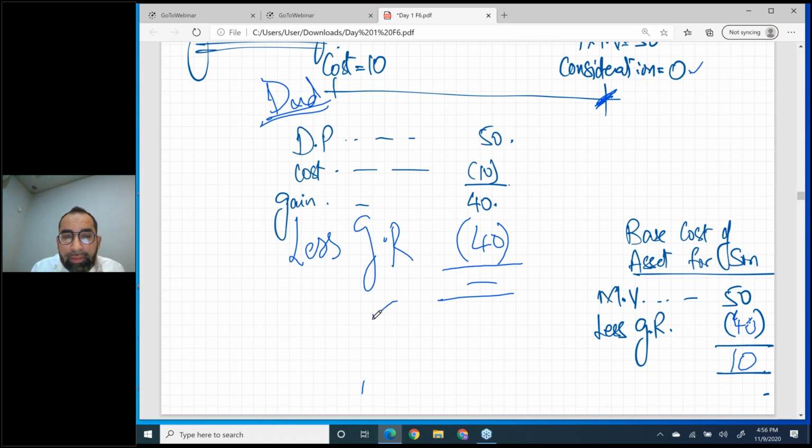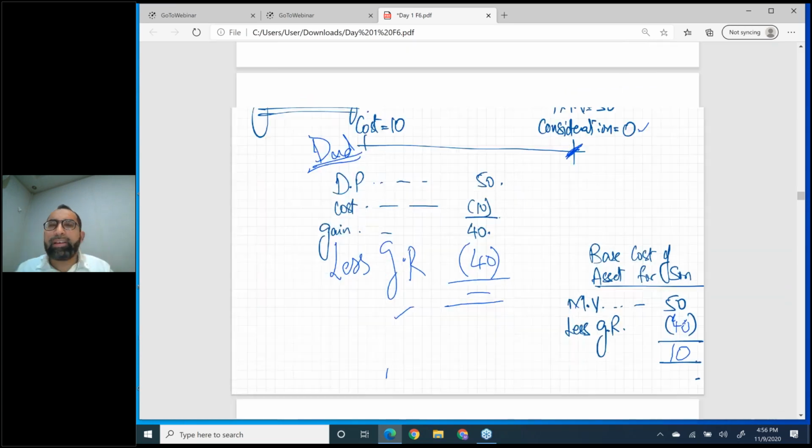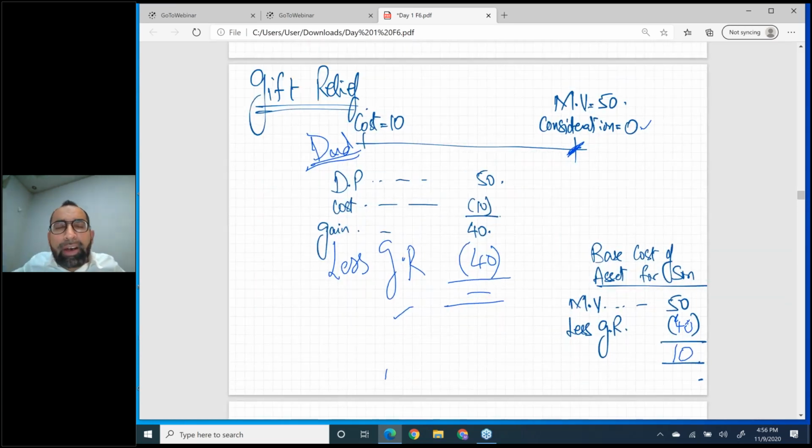Now for this topic, I'm giving you some logic. Sir, what is the advantage of gift relief? Listen, dad transferred the business to the son and there is no tax in the family. There is no immediate tax on the family. In this way, the business will be transferred to the new young generation.